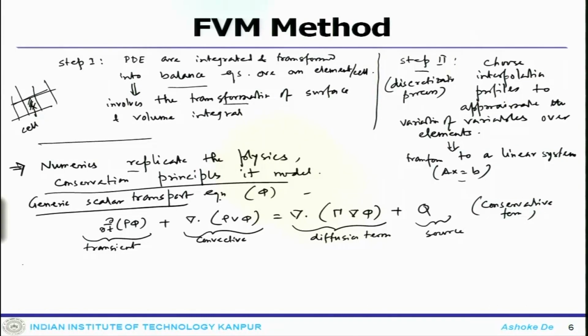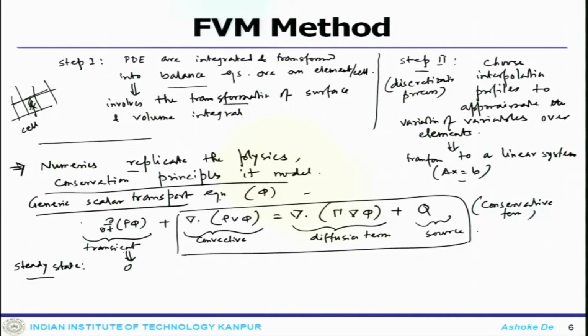Now, if you have a steady state system from here, that means the transient term goes off. So, you get back the system like this much. This will be the system for my steady state case.